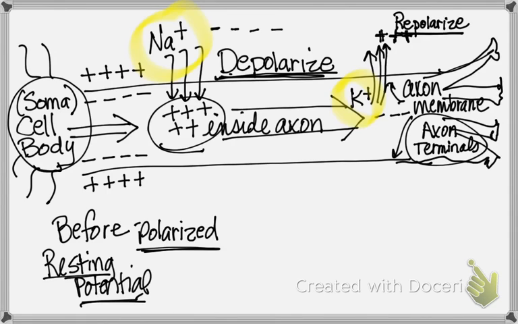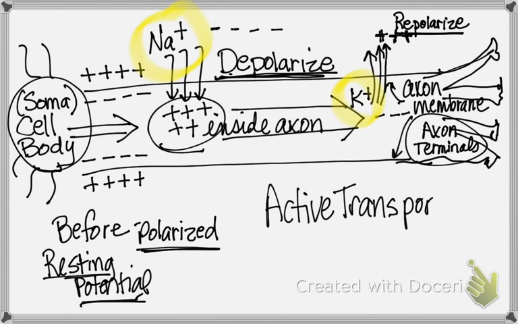Now, in order to do this, this is an active transport process, because you're pushing ions against the concentration gradient. That sodium is being pushed against the way it would naturally want to go.